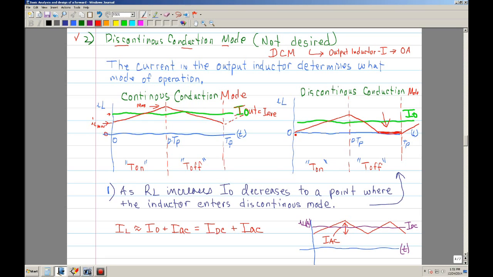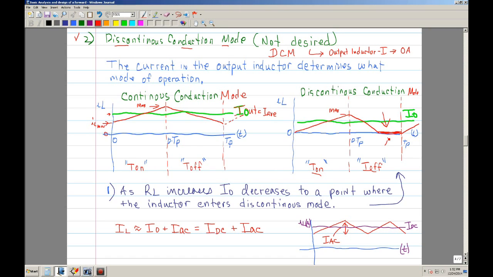Now in this second mode, I'll just put mode there, you can have a situation where you start from 0, this is 0, and it goes to a certain max. But then during T off, or the time that the MOSFET is off, this is T off, this is T on, you can have a situation where the current in the inductor actually goes to 0.